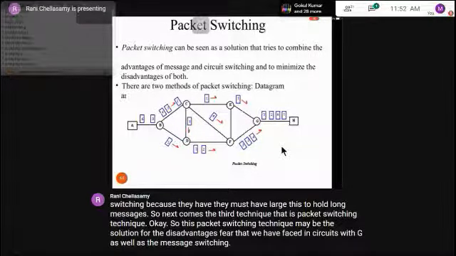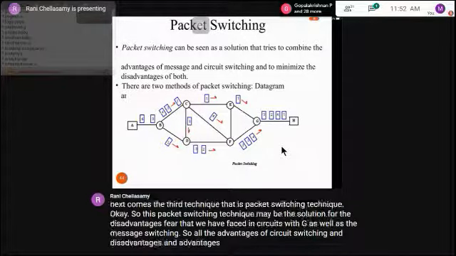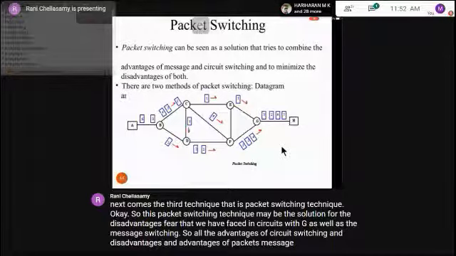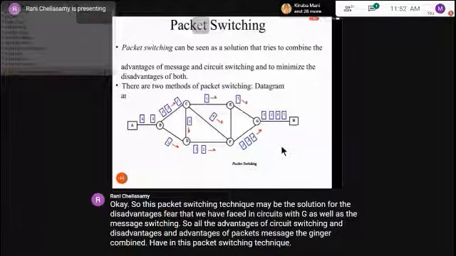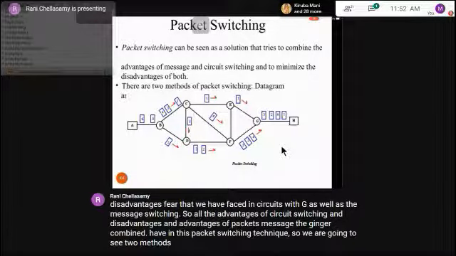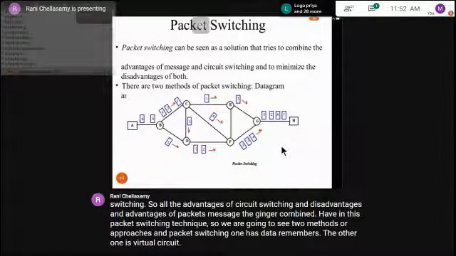So the advantages of circuit switching and message switching are combined in this packet switching technique. We are going to see two approaches in packet switching. One is the datagram approach, the other is the virtual circuit approach.